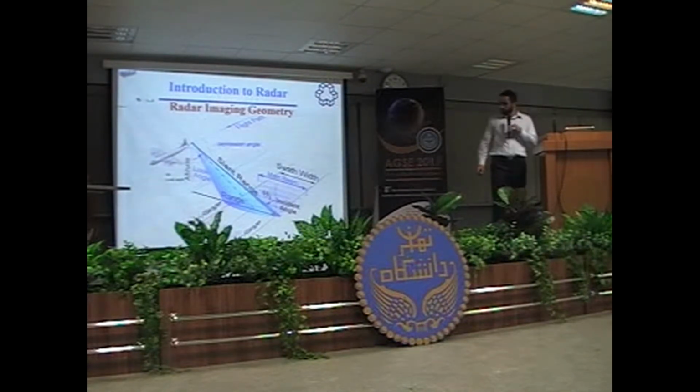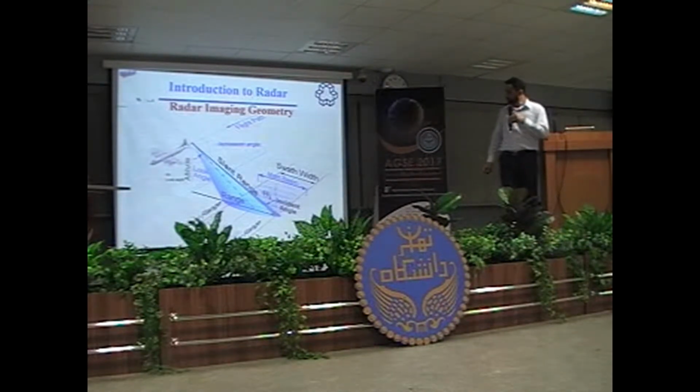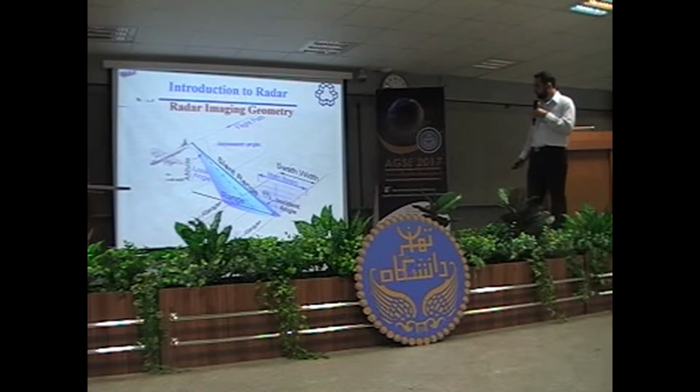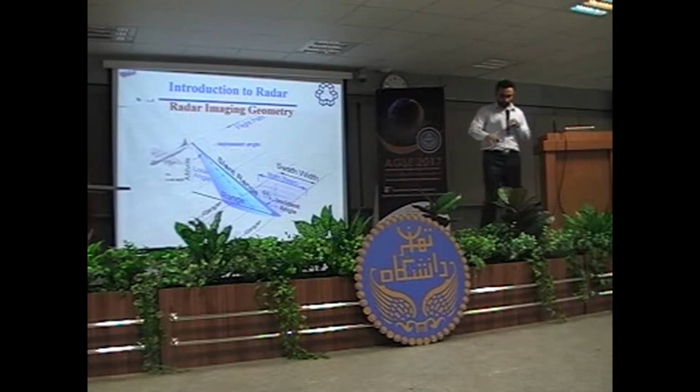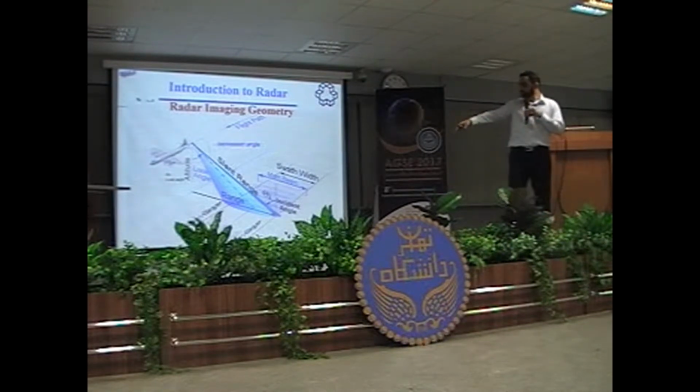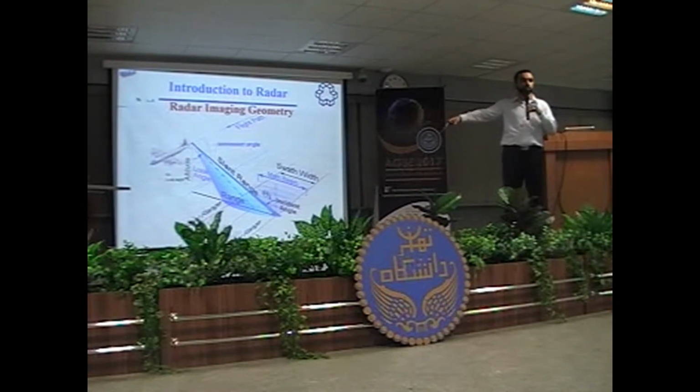And in this image you can see these terms more clearly. This is the look angle. In radar, the aircraft does not measure the bottom; it is a side-looking mechanism.